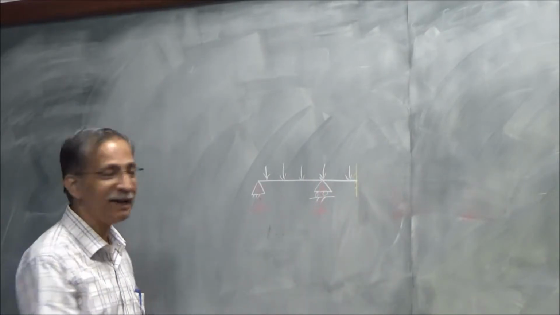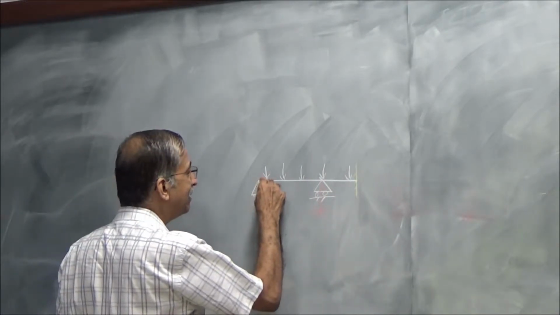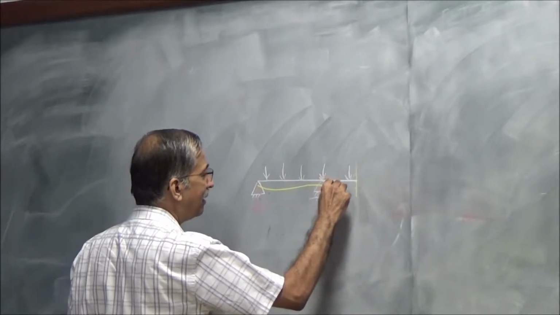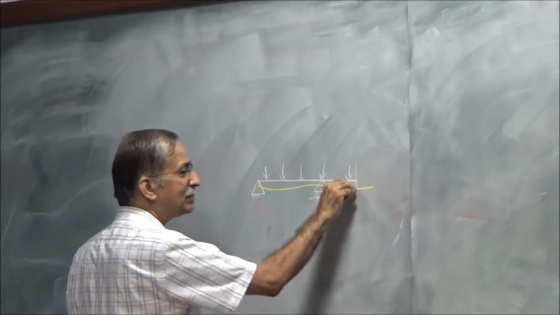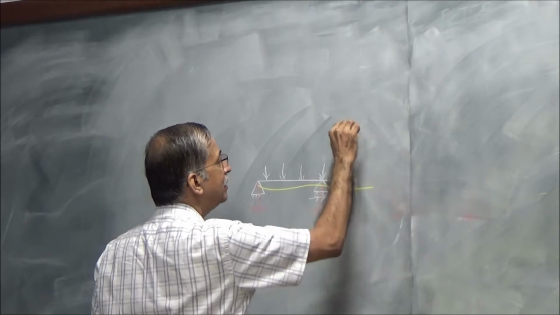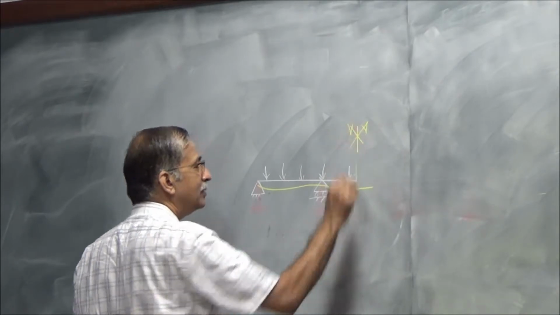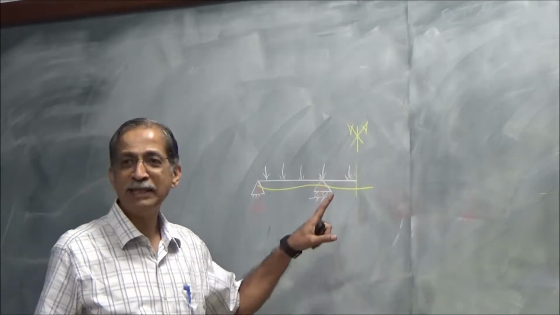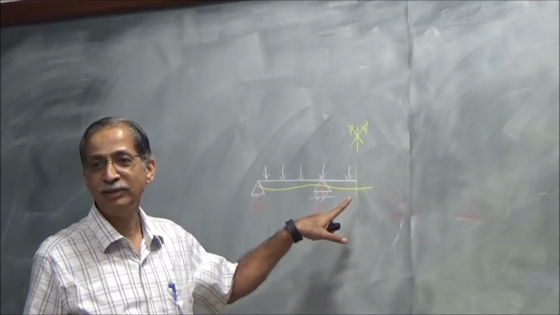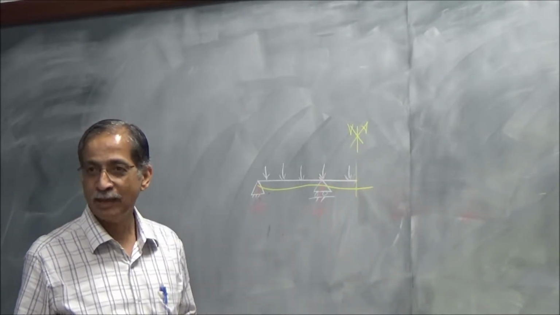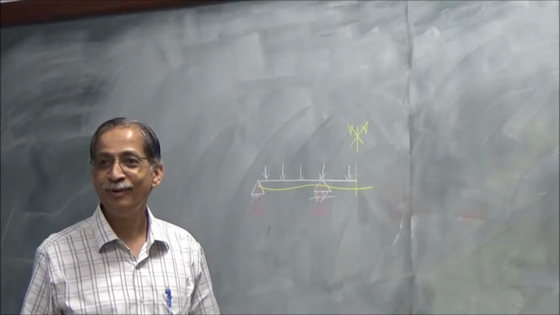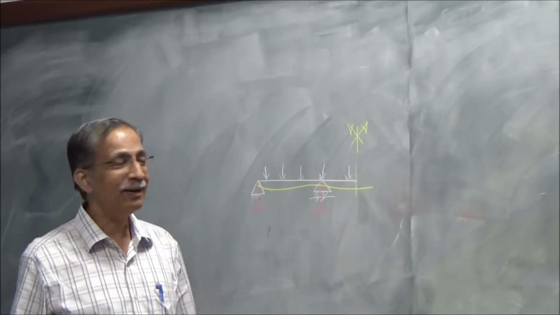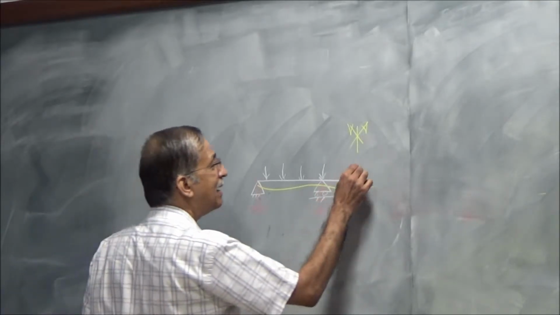Draw the deflected shape, it's going to deflect like this, no? And this line of symmetry, what's the one thing you're sure of at the axis of symmetry? Slope is 0. That means fixed end? No. Rotation restricted. So that's called a guided fixed support.